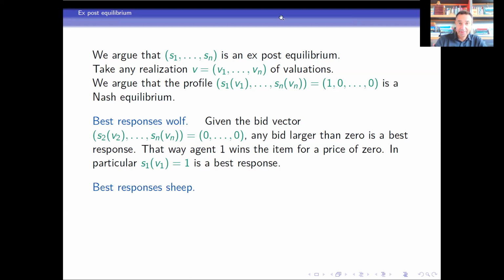Now for the sheep, that is a similar line of reasoning. But now the bid profile is 1 and 0, 0, 0, 0, 0. All the sheep have 0 bid, but the wolf is now also one of your opponents and he bids 1.